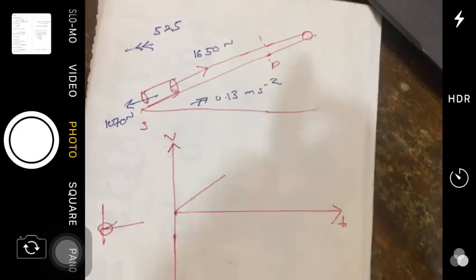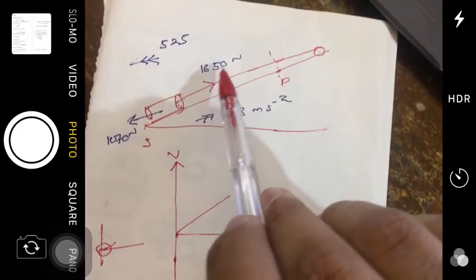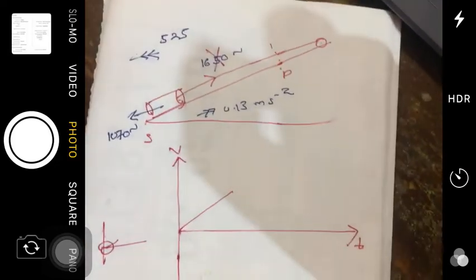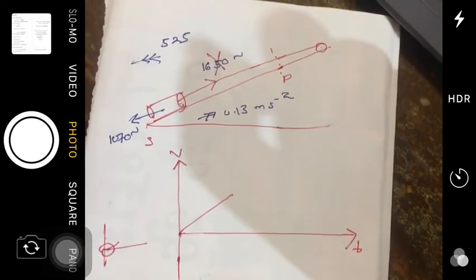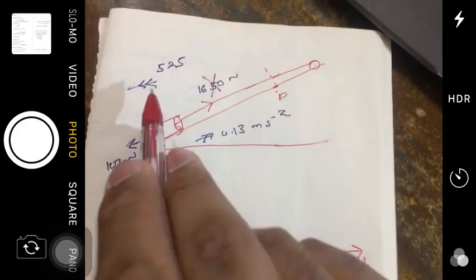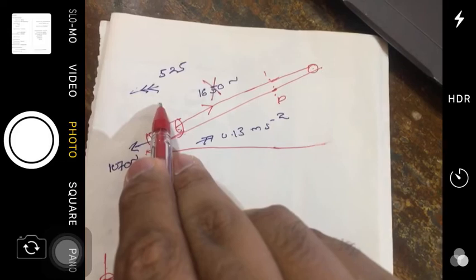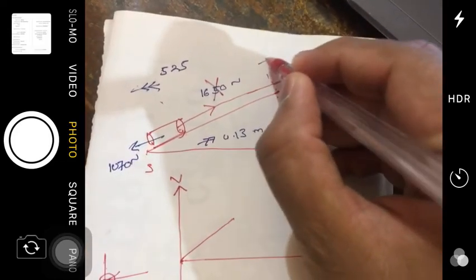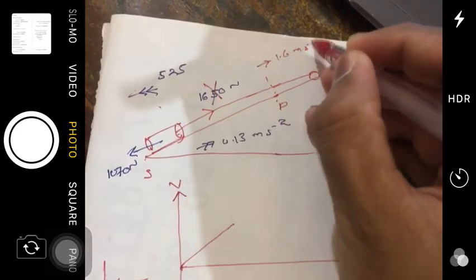Now when the cable snaps, you have to look at what is happening to the forces. This tension is no longer present, and there will be the downward component of weight, and frictional force will be there. Now when the cable snaps, the log has a velocity of 1.6 meters per second.